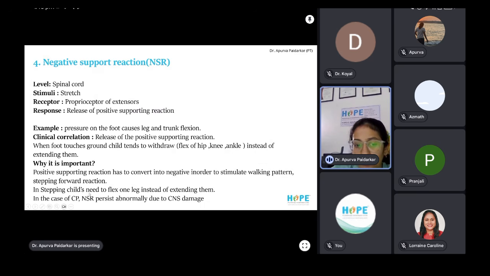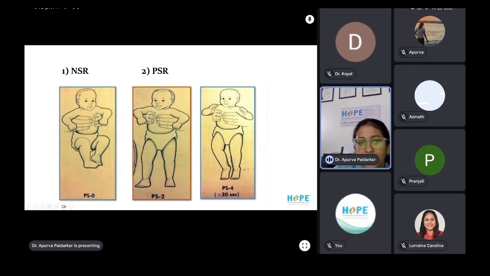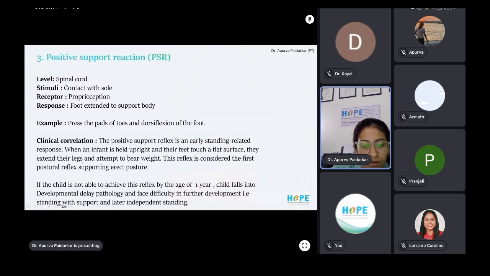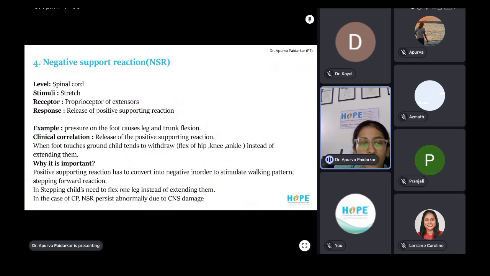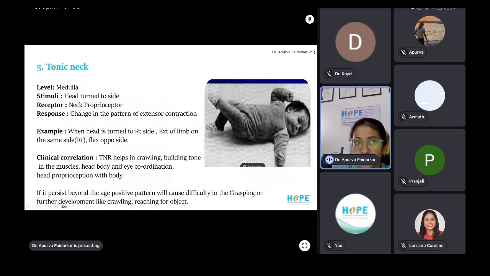In stepping, the child needs to flex one leg instead of extending it. So when the foot touches the ground, the child tends to withdraw it, that is flexion, see here, flexion of the leg instead of extending it, which was there in the positive supporting reaction. In cerebral palsy, the negative supporting reaction abnormally persists due to CNS damage.